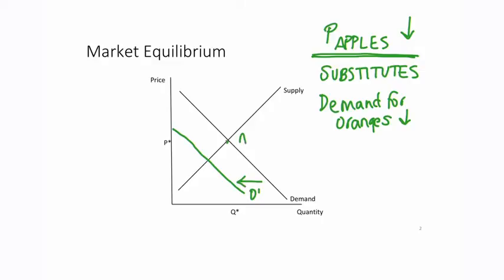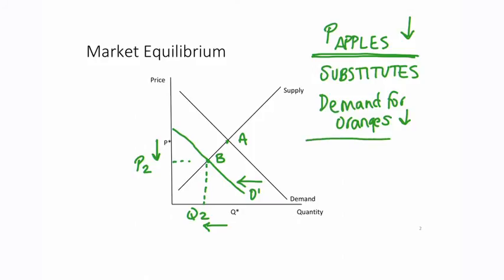We move from an equilibrium such as equilibrium A to a point such as equilibrium B. And the result is a decrease in the price as we move to a point such as P2 and a decrease in the quantity as we move to a quantity such as Q2.